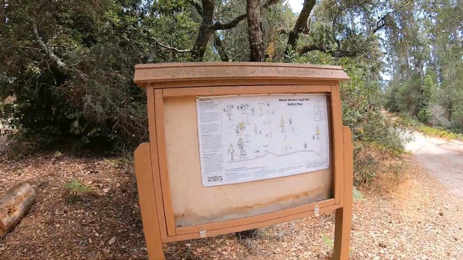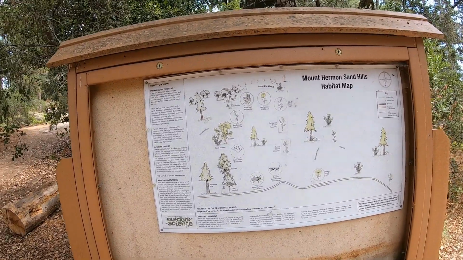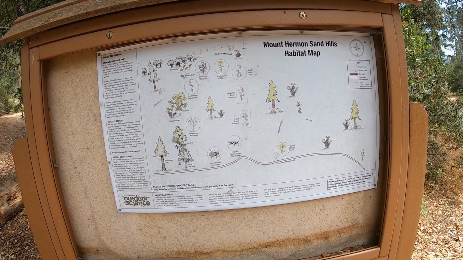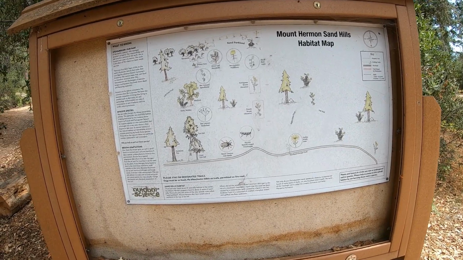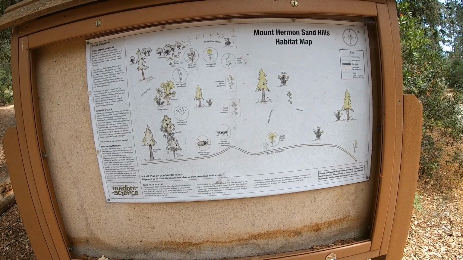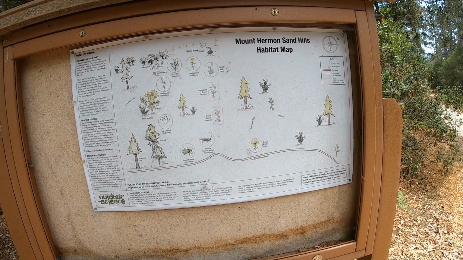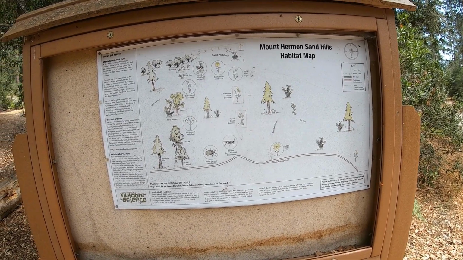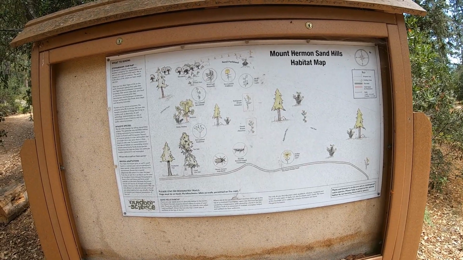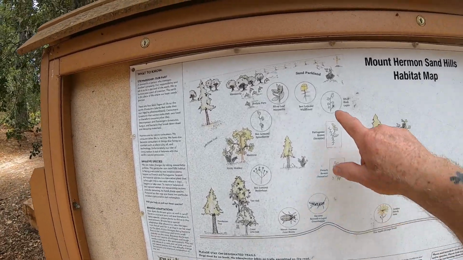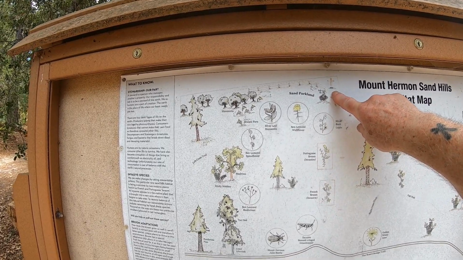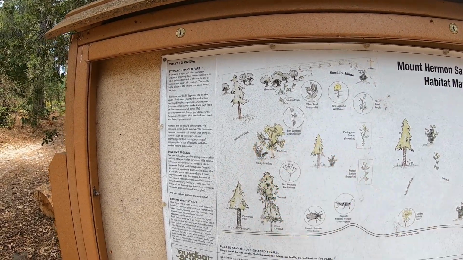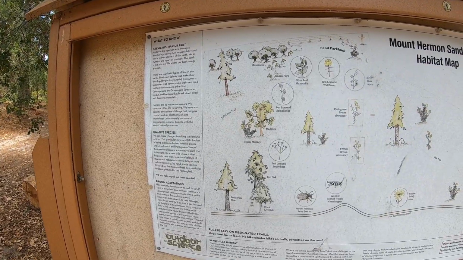Sandhills Habitat Map. No, you are there. Okay, so here's the cross. Here's Left Cross Trail. So I guess if I get in there, I want to look for that.